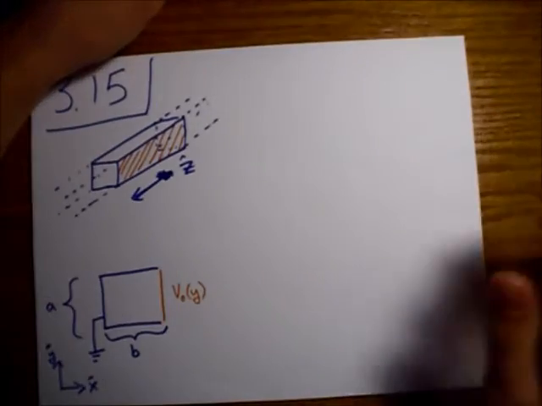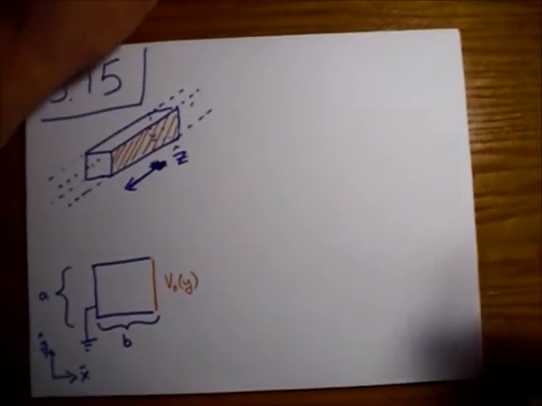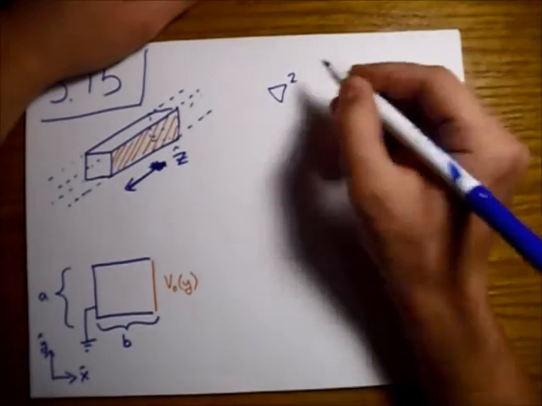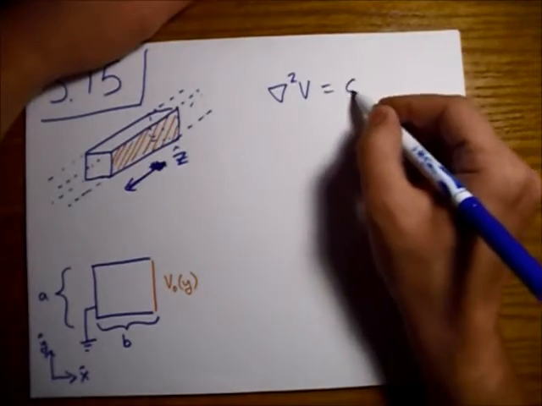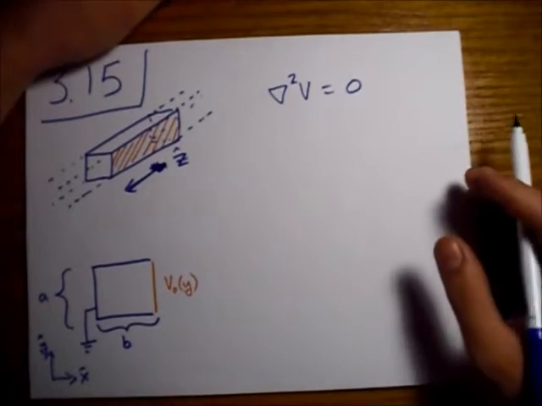So in general, we would be looking at Laplace's equation, right? There are no charges inside this box, so the Laplacian of our potential is equal to 0, because there are no charges; otherwise we'd get Poisson's equation.